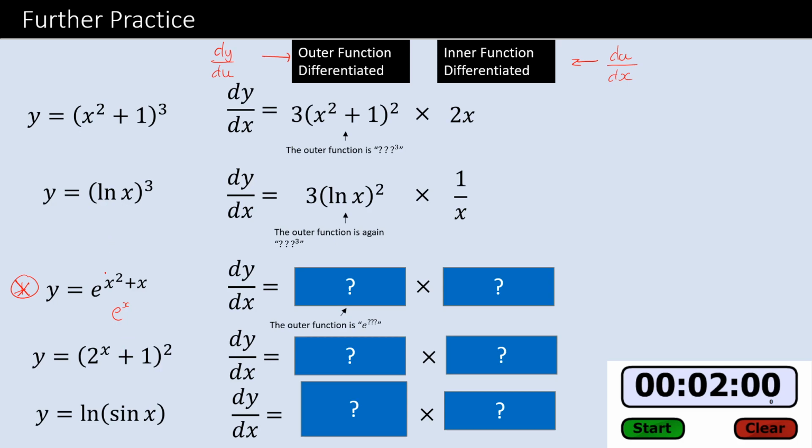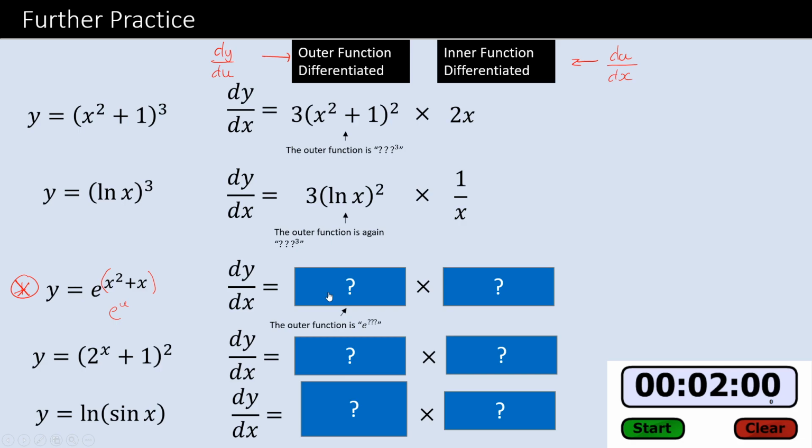So what about if we made that bit our inner function? Instead of it being e to the x, it becomes e to the u. So here our outer function is going to be e to the u.